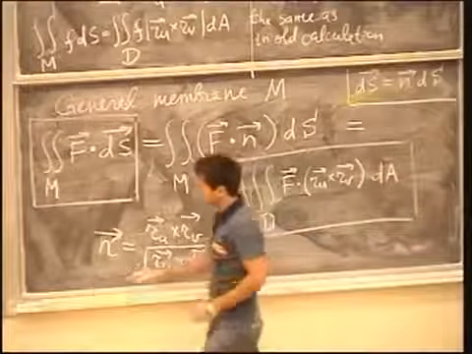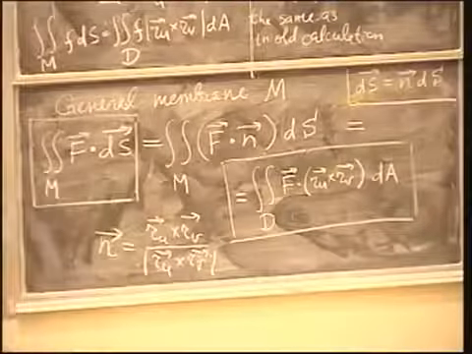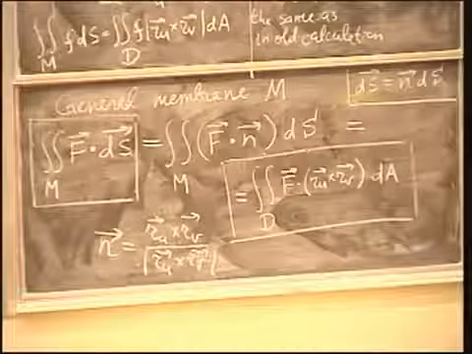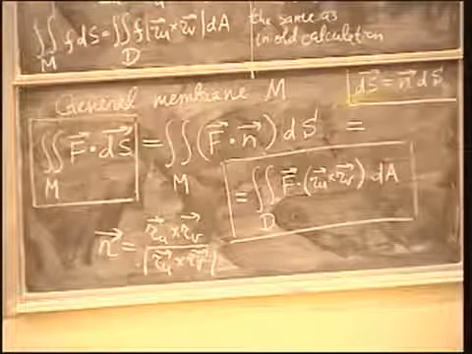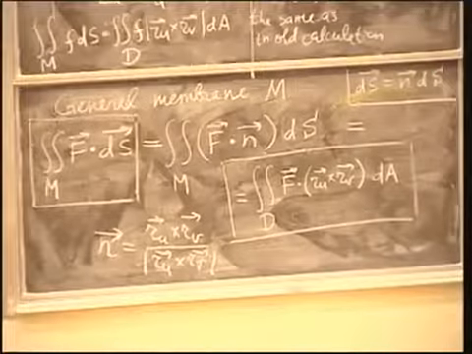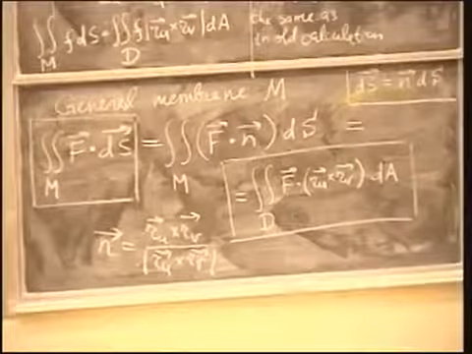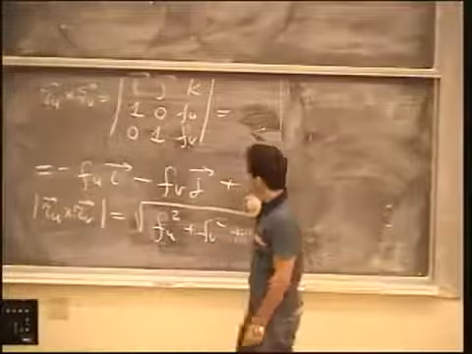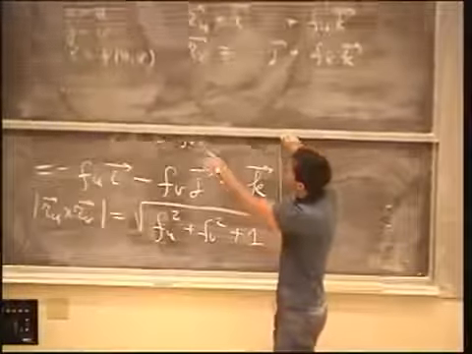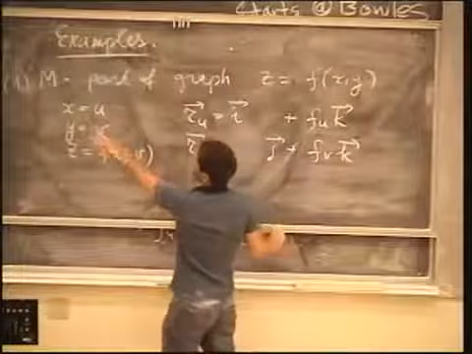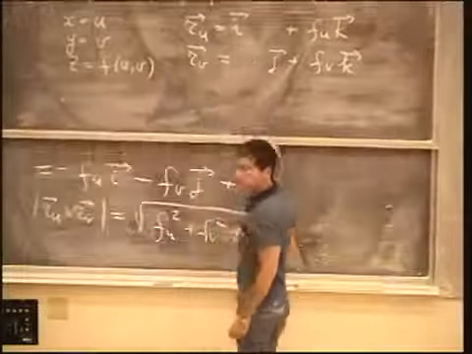For example, let's suppose that we are in this situation where r_u cross r_v is given by this formula. This, I recall, is the situation where M is part of a graph of a function f. Okay?